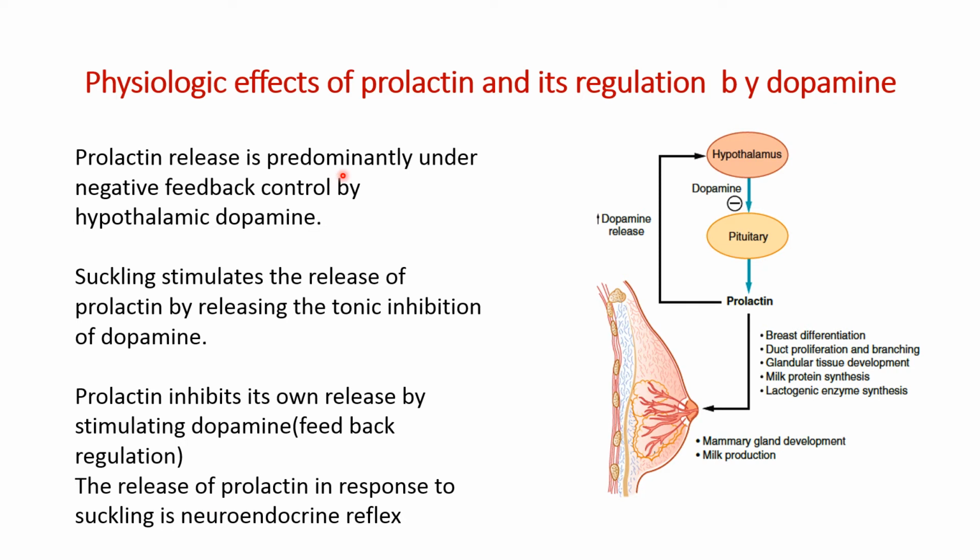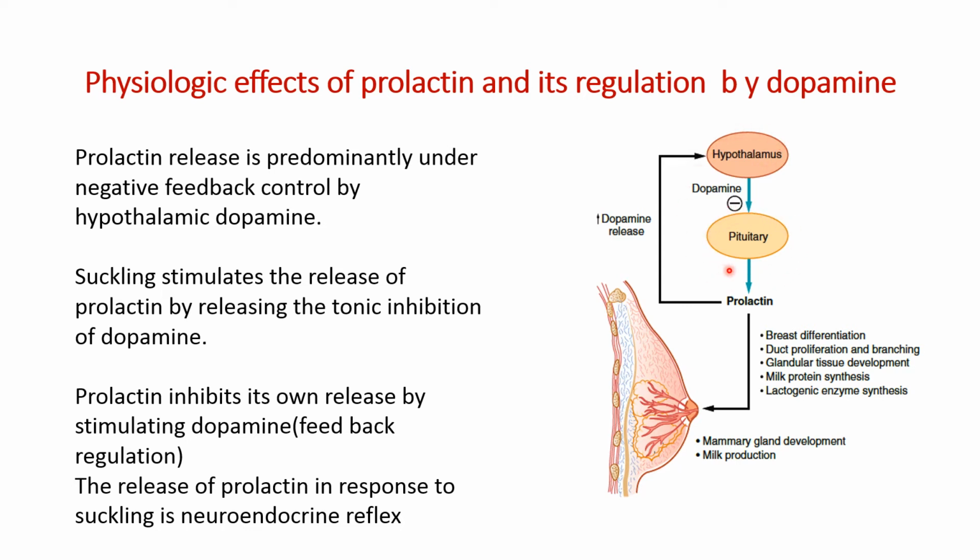Now, this slide summarizes the effects of prolactin on the mammary glands, and it also describes its regulation by the hypothalamus. As you can see here, this is the hypothalamus, this is the anterior pituitary.